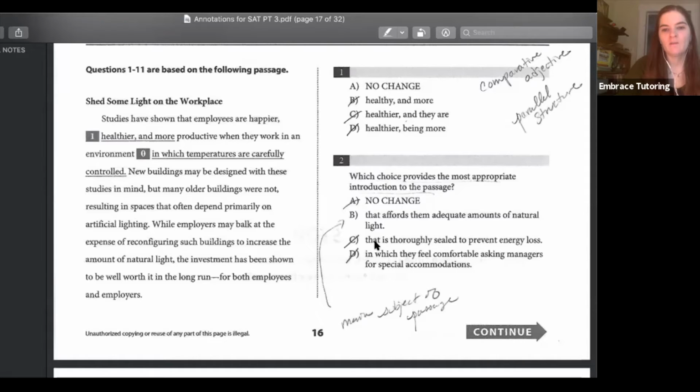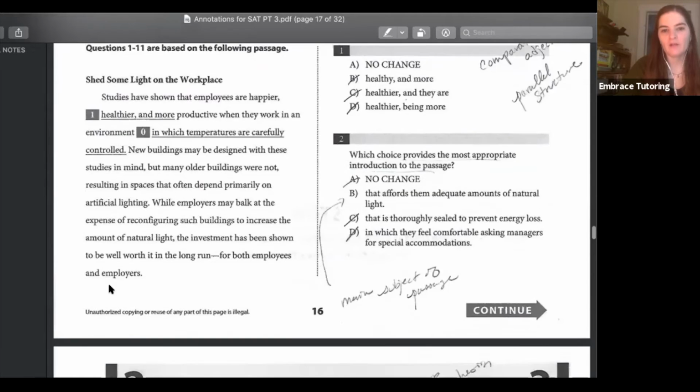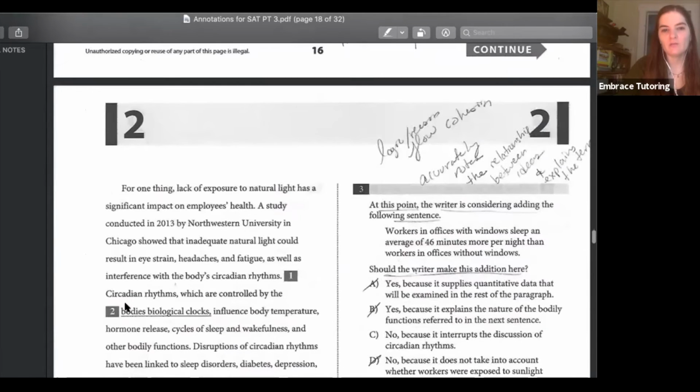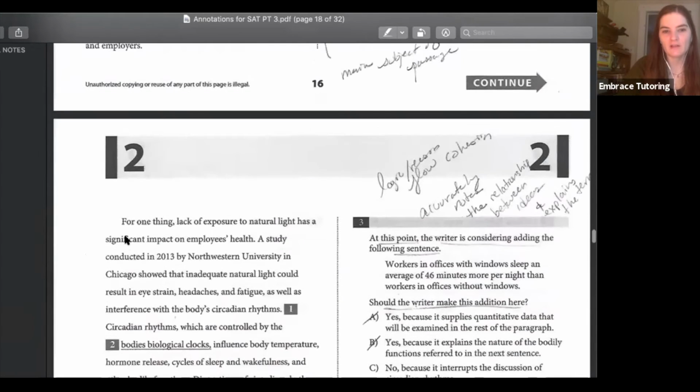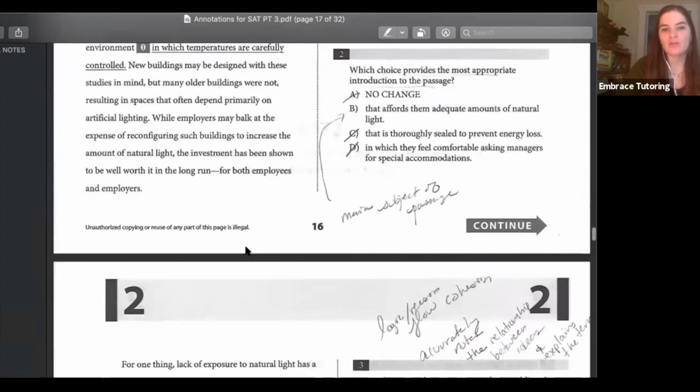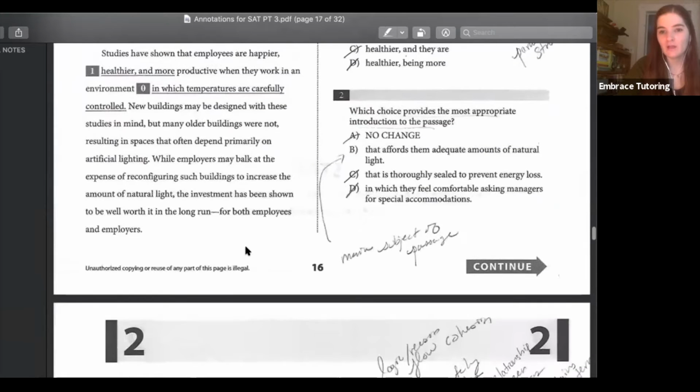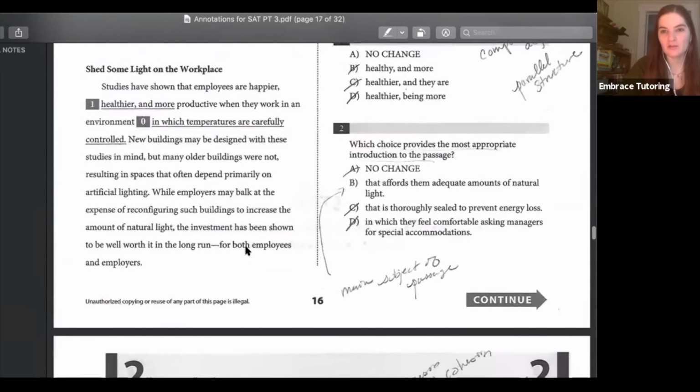It requires reading through the full paragraph, and even reading a little bit beyond to find out what the first paragraph is going to be talking about, like here, where it says, for one thing, lack of exposure to natural light has a significant impact on employees' health, to know which direction they're going in terms of what they're introducing.